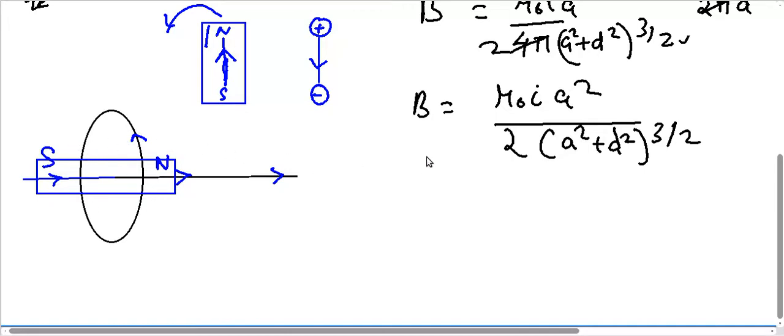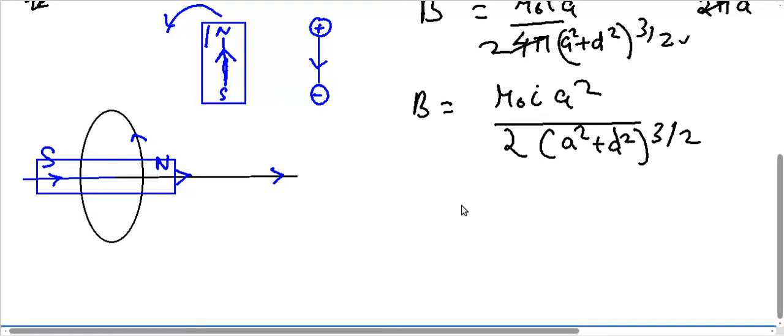Another way of describing this is, suppose I have D very much larger than A. If D is very large compared to A, then I can neglect the term A here. So A squared plus D squared, because D is very large than A, is almost equal to D squared.